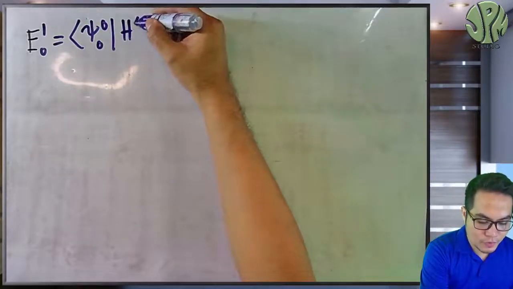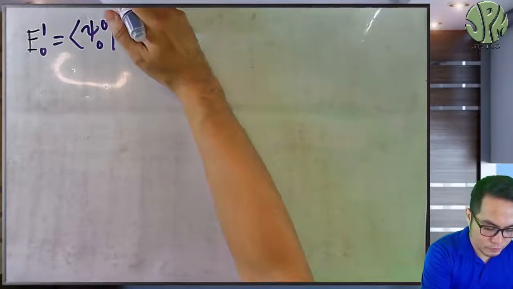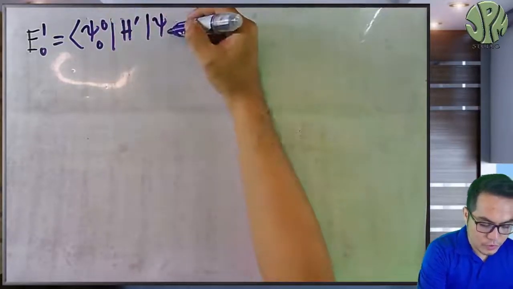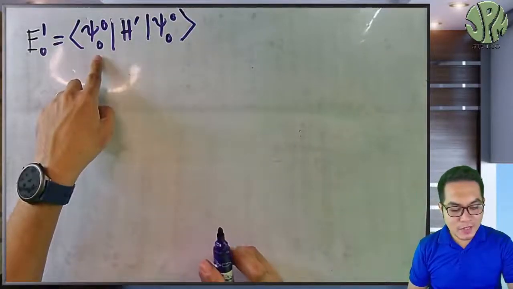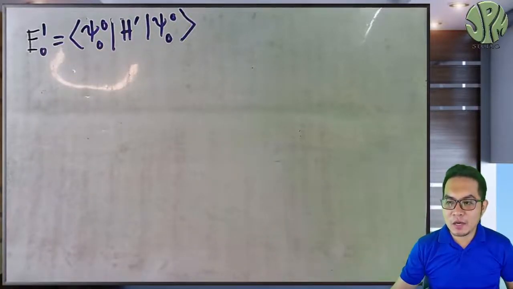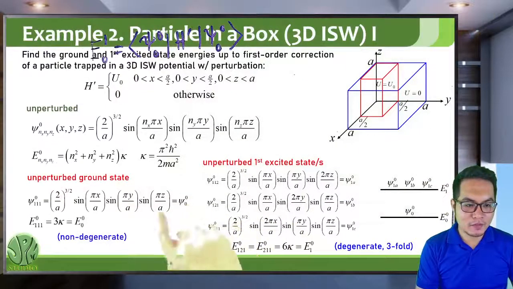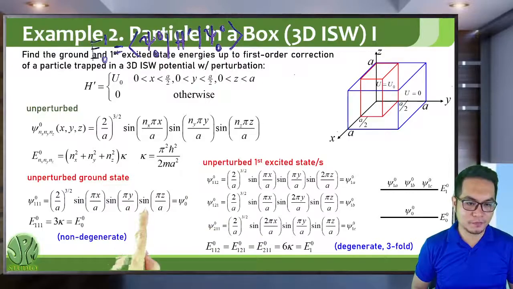Then your perturbation H prime, psi 00. So that one. Our psi 00 is the 111. We renamed our ground state from psi 110 to psi 00. So this is our ground state.